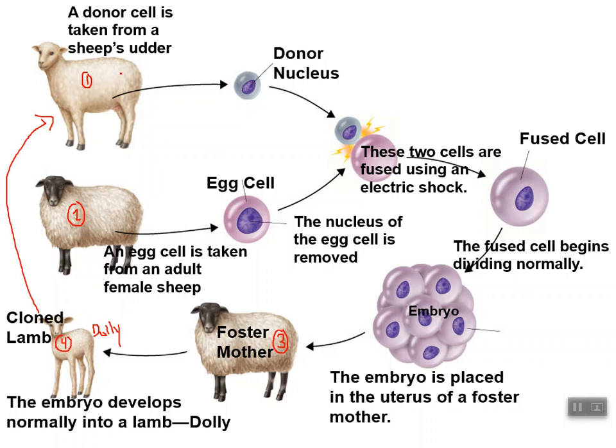So what we're going to do is take a cell from the sheep's udder, and we take it from the udder just because it's easily accessible, and, more importantly, it's diploid. It has all of the chromosomes necessary to build a body, right? It's not a haploid gamete cell. It's a diploid somatic cell.